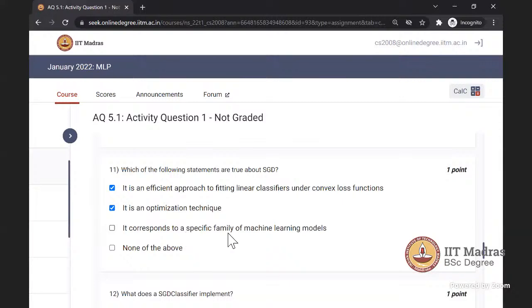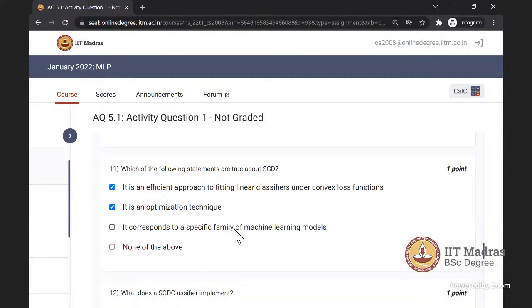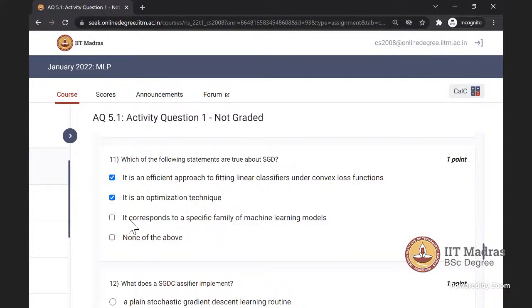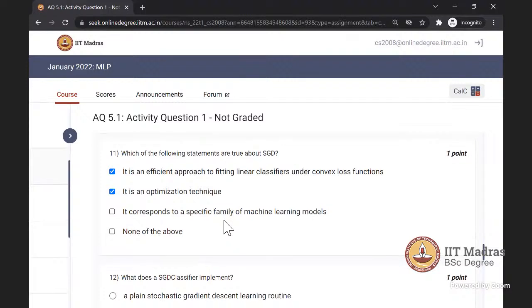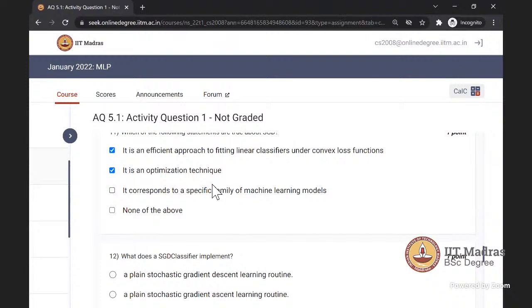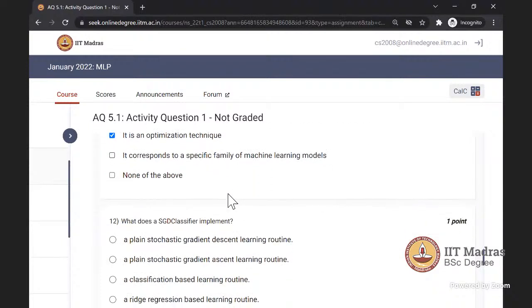It corresponds to a specific family of machine learning models. Or it can be used for regression, classification, anywhere it can be used. Right. But is it a model? No, actually, no. Like this is a method. Stochastic gradient descent is an approach, but not a model. Right. So the third option is not correct.